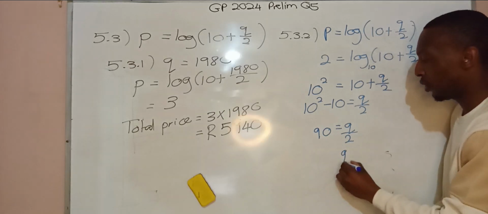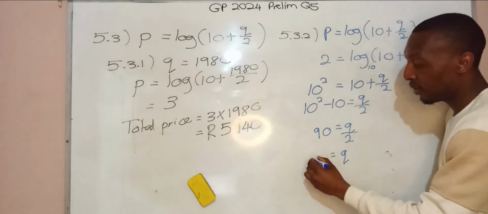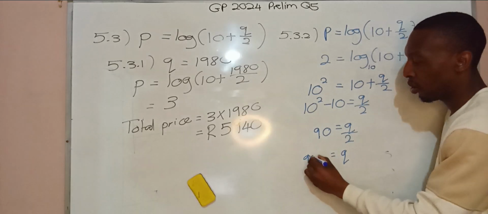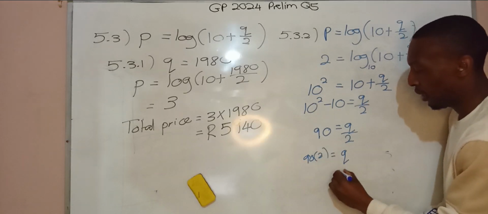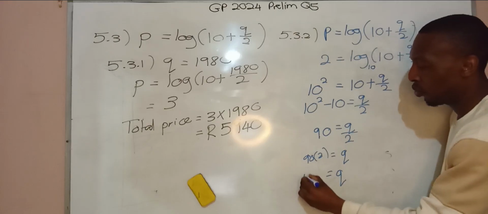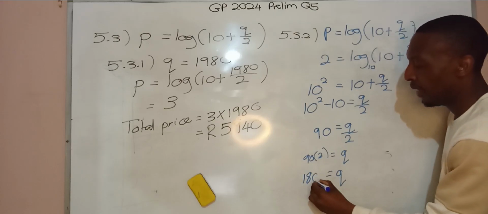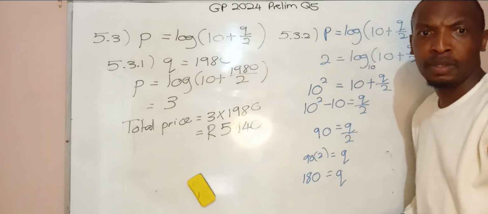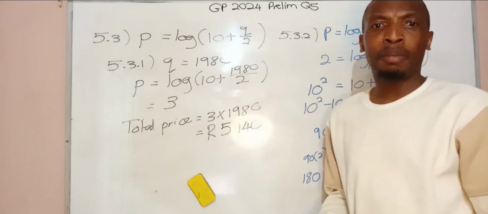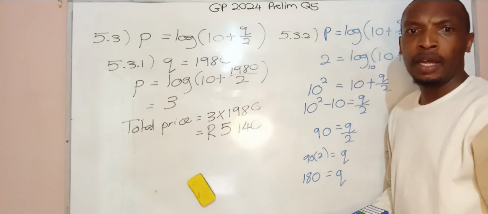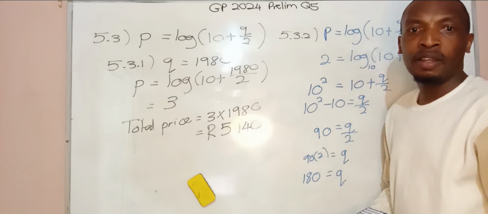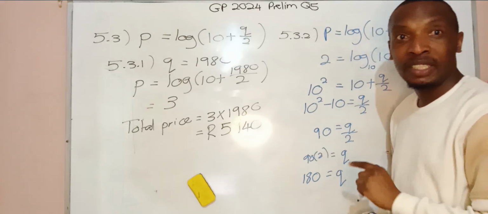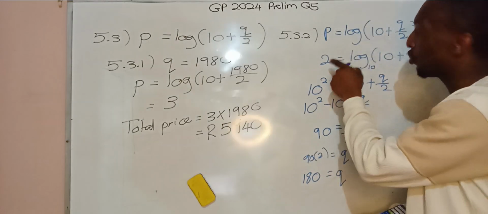So my Q is equal to 90 times 2, so my Q is equal to 180 items. That is the number of items in the consignment when the price of each unit is 2 Rand.